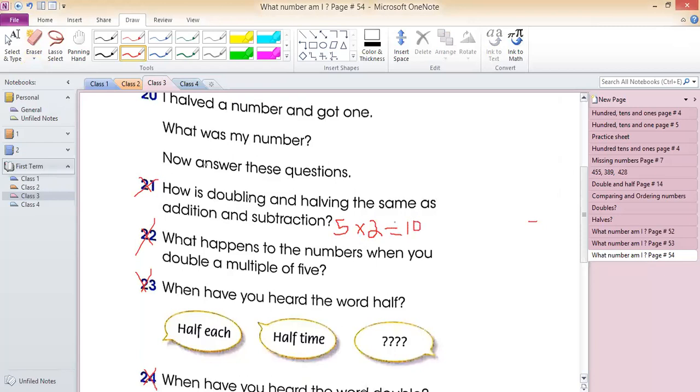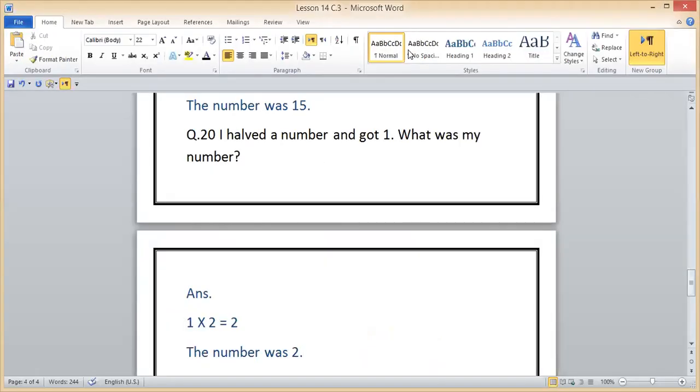I was thinking that we can do the table of 5. The question is saying what happens to the number when you double a multiple of 5? It becomes a multiple of 10. It will be 10. It will be 15 multiplied by 2, 30. Whenever you double a multiple of 5, you will get an answer which is a multiple of 10. Okay. Good.